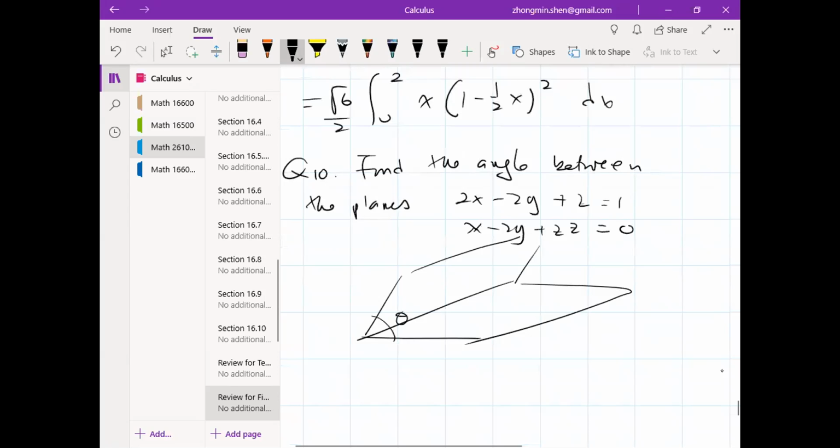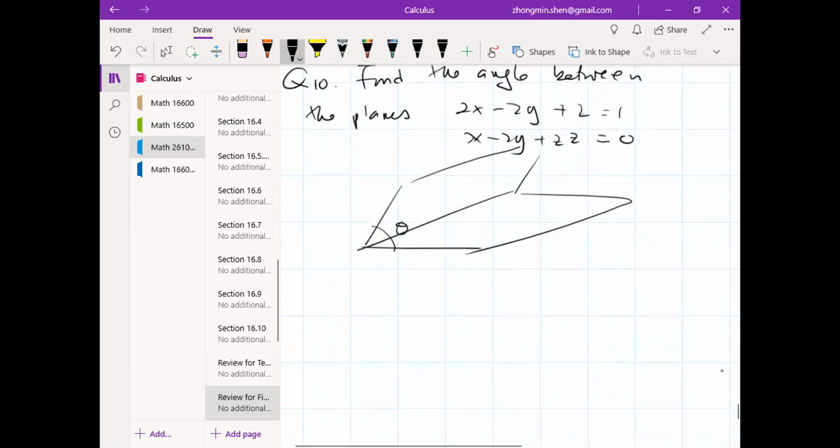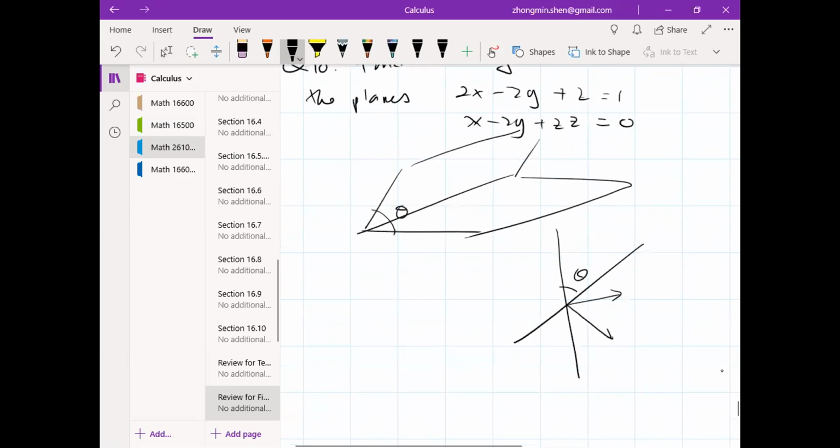How do you find this angle? Look at the cross section. You want to find these two angles, right? What you can do is use two normal vectors. One is perpendicular to one plane, the other is perpendicular to the other.